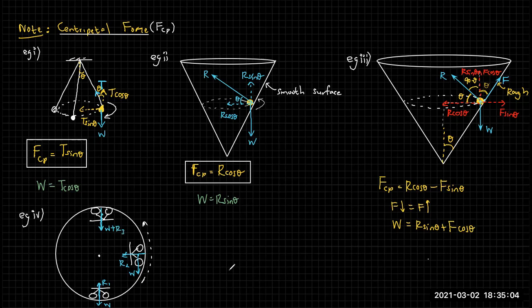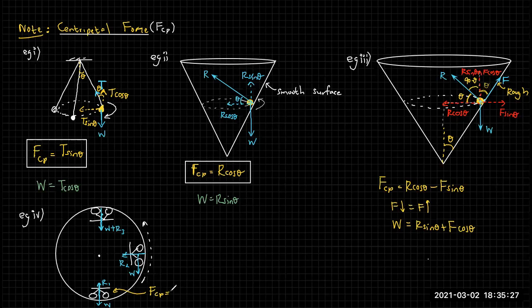Okay, good. Now tell me, what is the centripetal force for this part? Let's see who's giving me the correct answer. Centripetal force is equal to... okay, four responses, but only one is correct, unfortunately.